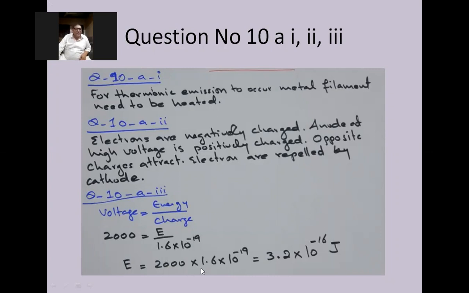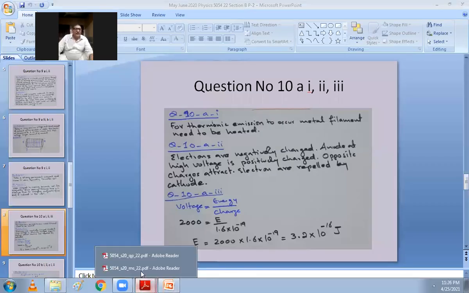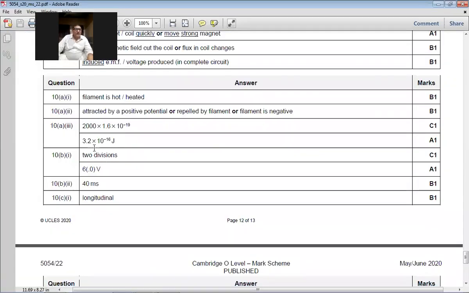So energy will be equal to 2000 multiplied by 1.6 × 10^-19, and the final answer will be 3.2 × 10^-16 joules. Hopefully you have understood. Let's check the marking scheme. The marking scheme says 3.2 × 10^-16 joules is the answer. So our answer is right.